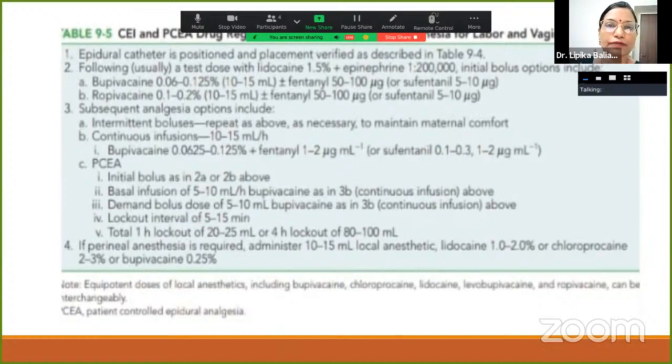And fentanyl, usually we add 50 to 100 microgram in the entire strength of 15, or we can add sufentanil 5 to 10 micrograms. Ropivacaine is a better choice nowadays. That we can take from 0.1 to 0.2%, 10 to 15 ml plus fentanyl 50 to 100 microgram, or sufentanil 5 to 10 microgram.